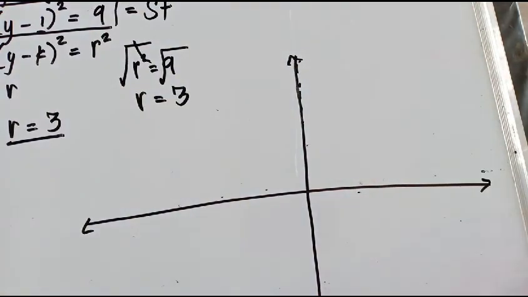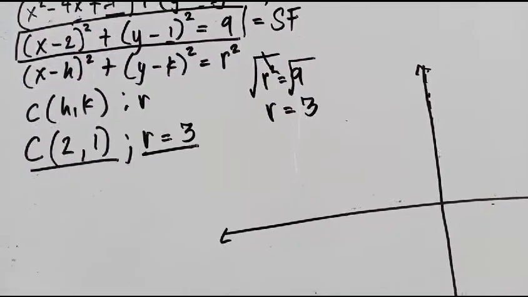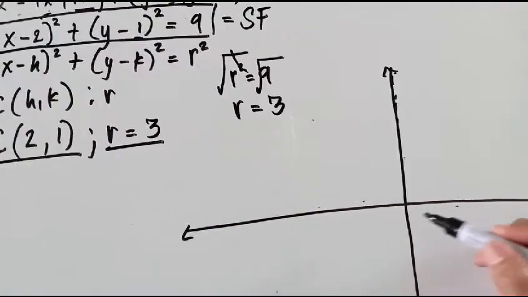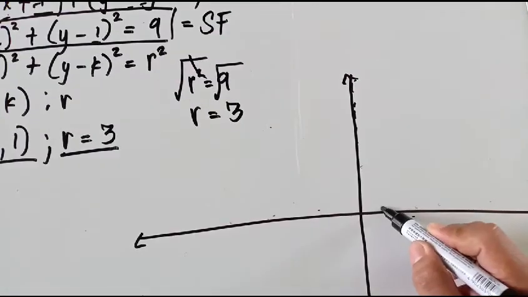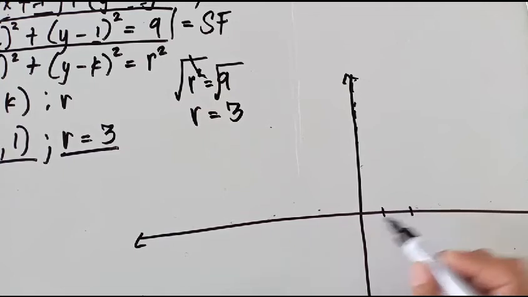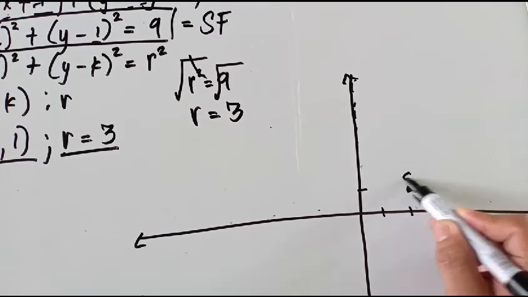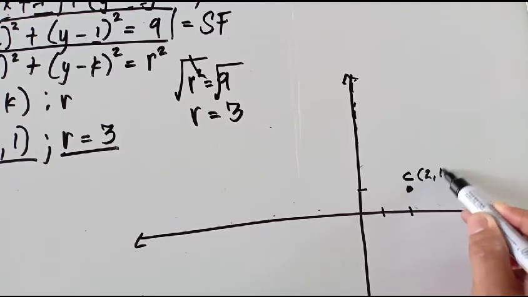We know that the center of the circle is at (2, 1). So let's locate (2, 1) in the Cartesian coordinate plane. Both positive, first quadrant. So that's the center at (2, 1).